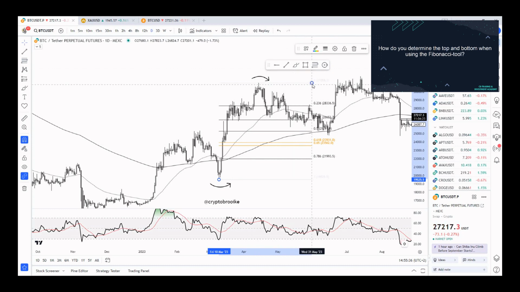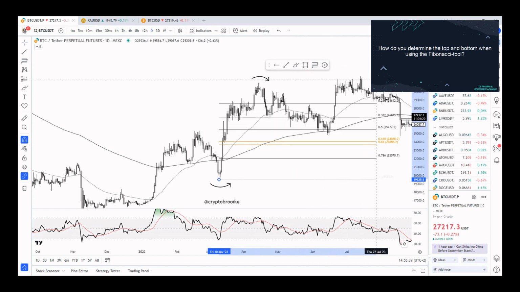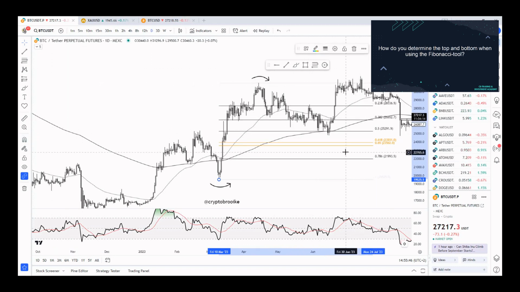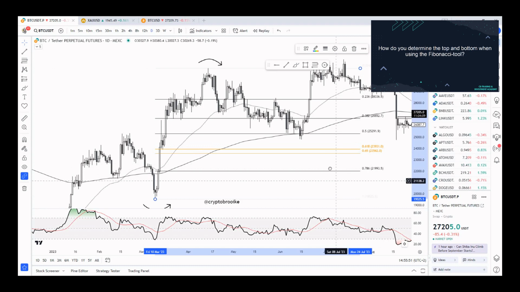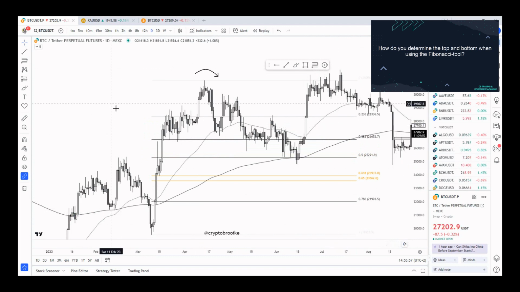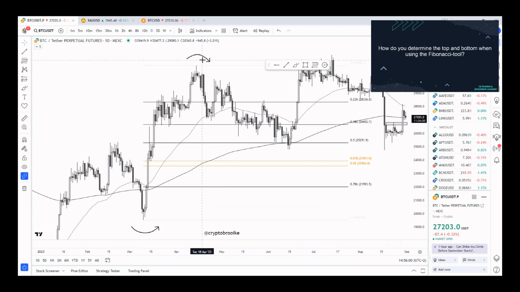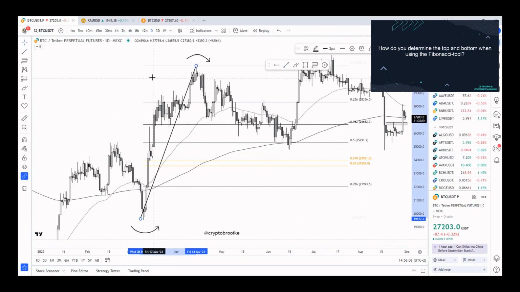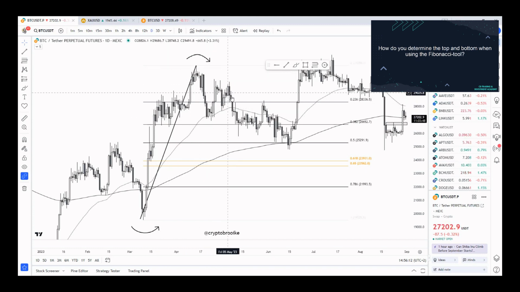So if we draw this, and always in hindsight, drawing things and seeing things on charts in hindsight is always easier than live trading. But if you look at this move up from down there to up there, then you see price topped out here and then retraced eventually to the 0.5, which was also the 200 EMA.